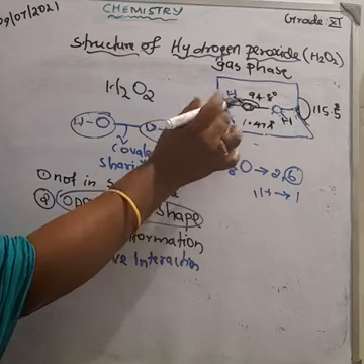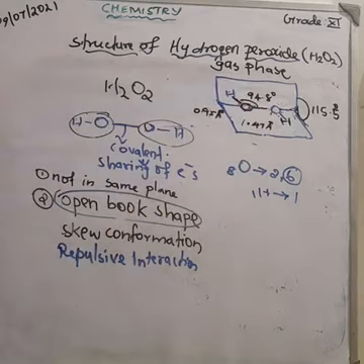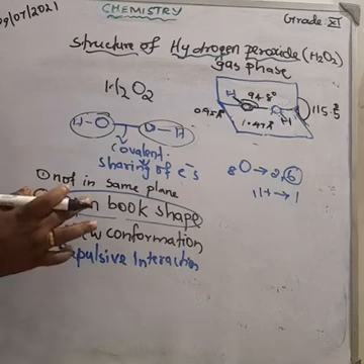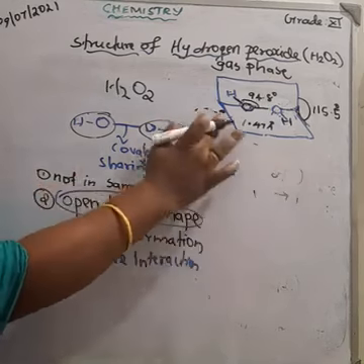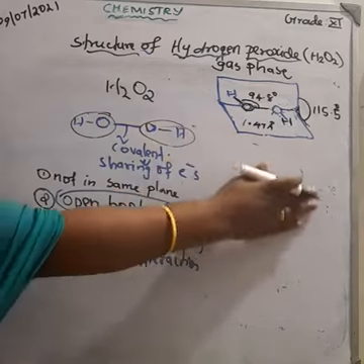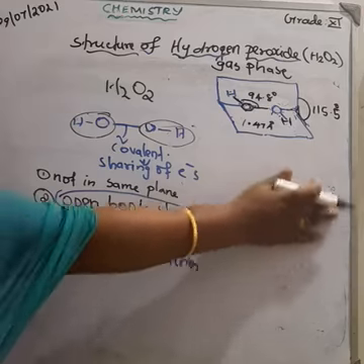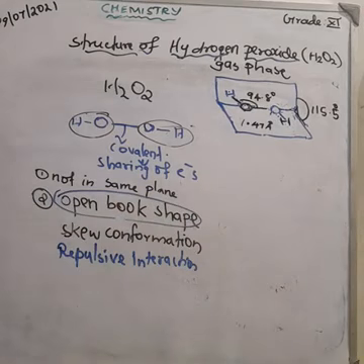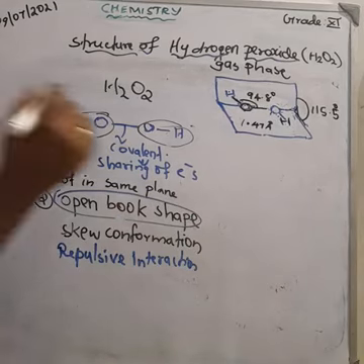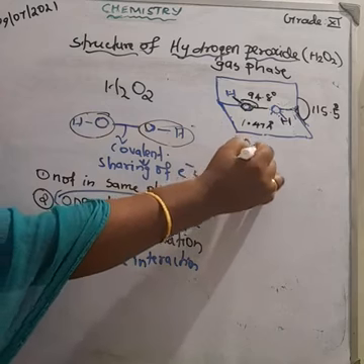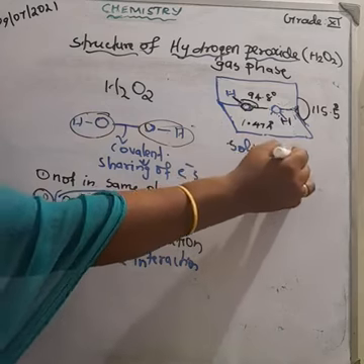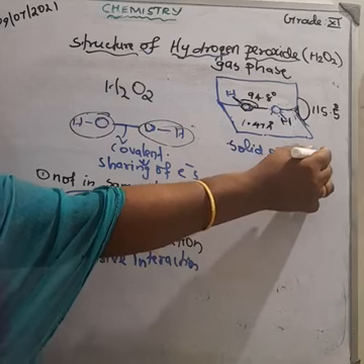This is the structure of hydrogen peroxide in gas phase. And in the solid phase, the angles differ slightly because of the hydrogen bonding. Understood? So what about the structure of hydrogen peroxide in solid phase? It is the partly open book structure.